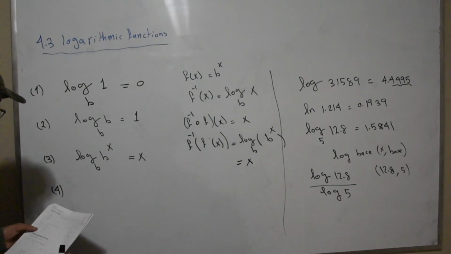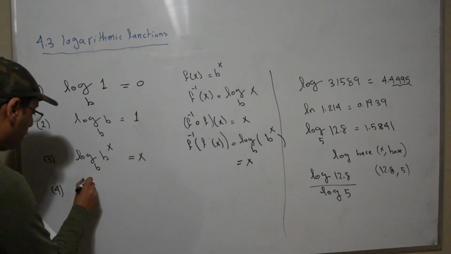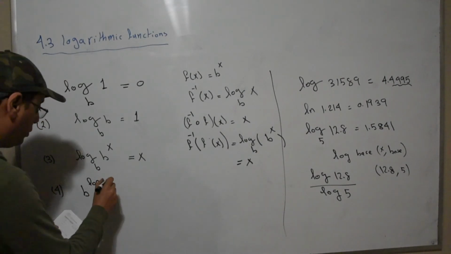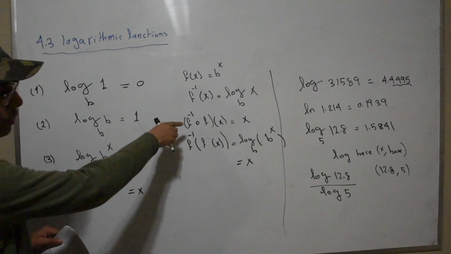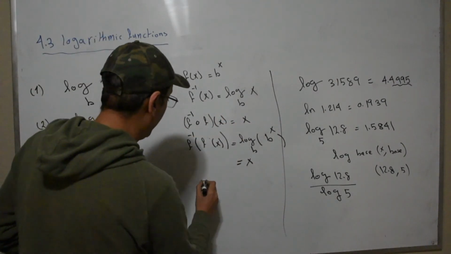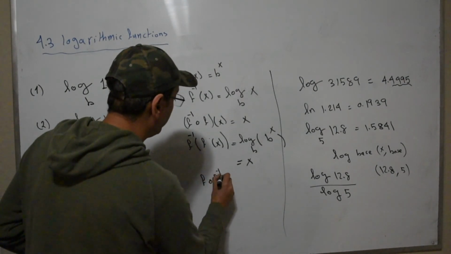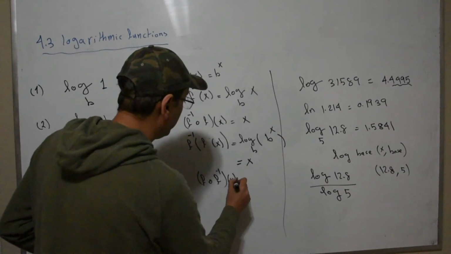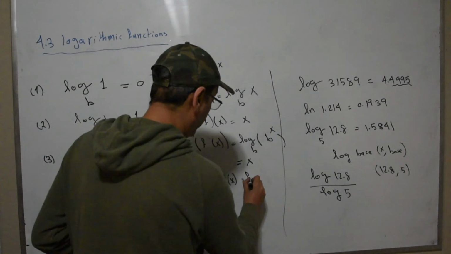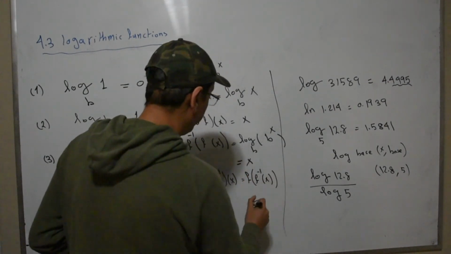The other one is b to the log base b of x equals x. So this is the one that I was talking about, the other one. I'm going to switch them this time. So f composed with f inverse of x: I start with f as the outer function, f of f inverse of x.